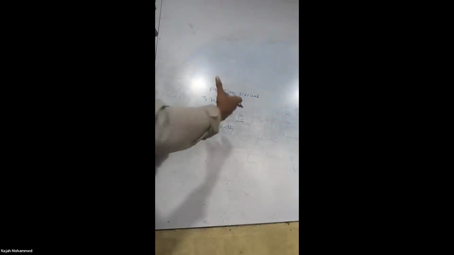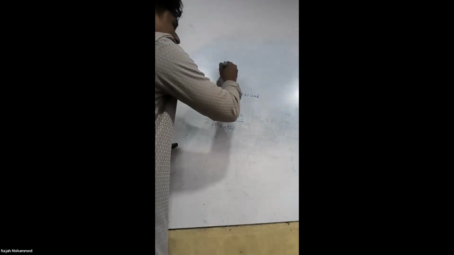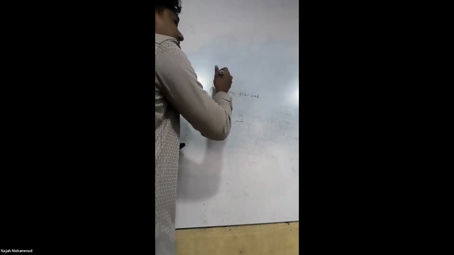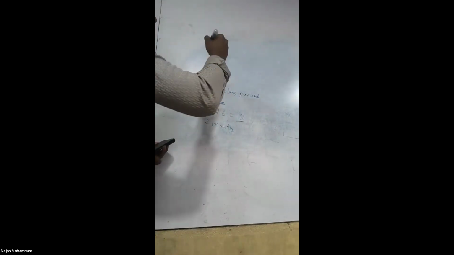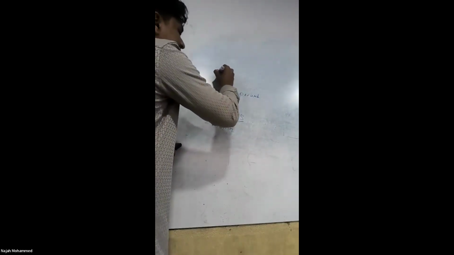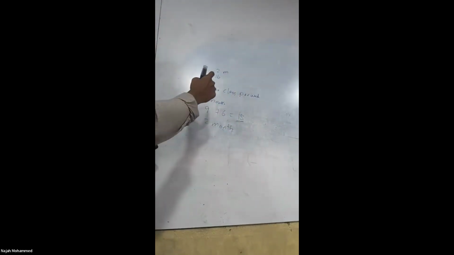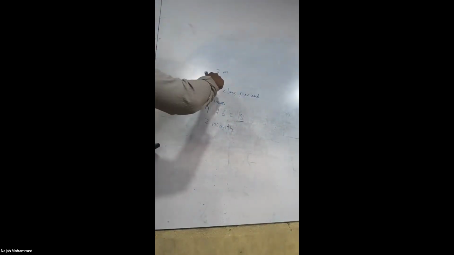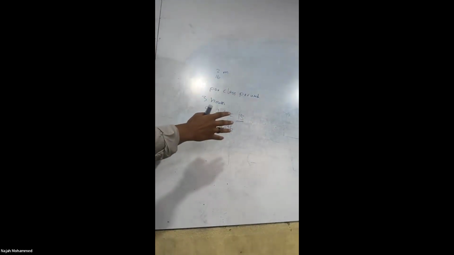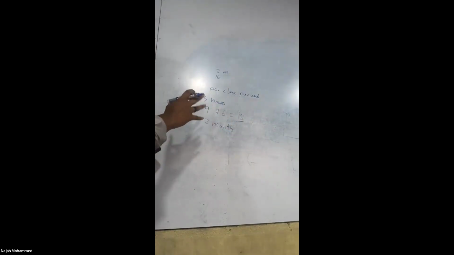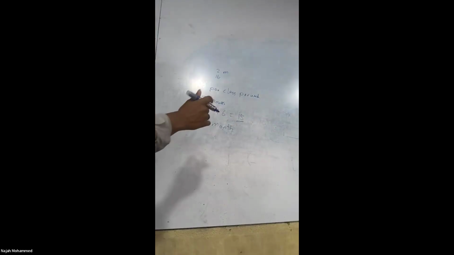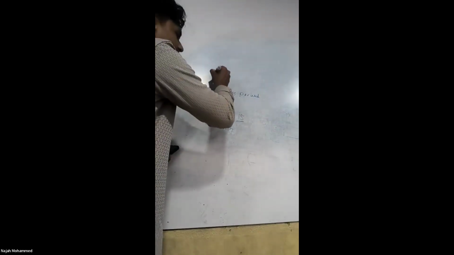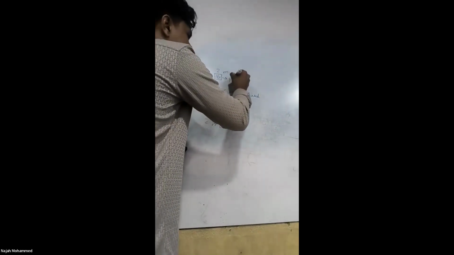Then for the balance 2 months, we'll have around 16 classes, because we have 8 classes per week. So for 2 months, we have nearly 16 or 15 classes. For this amount of time, we are going to practice papers.